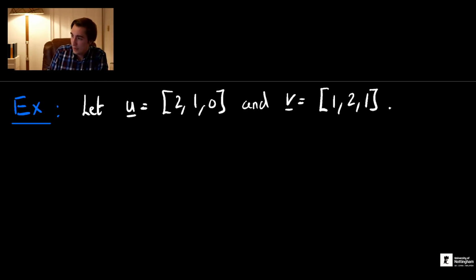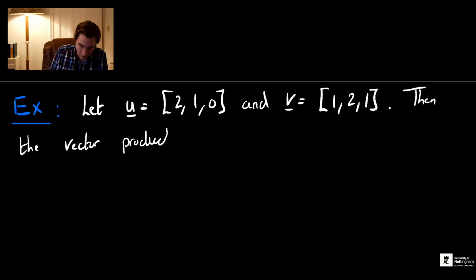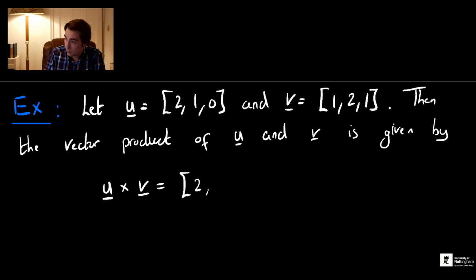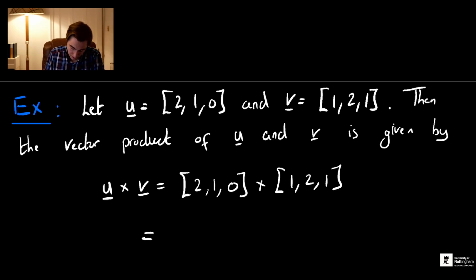Then the vector product of u and v is given by u cross v. We can write, using our formula, 2, 1, 0 crossed with 1, 2, 1. And using our formula above, we can simply write that in this row notation.